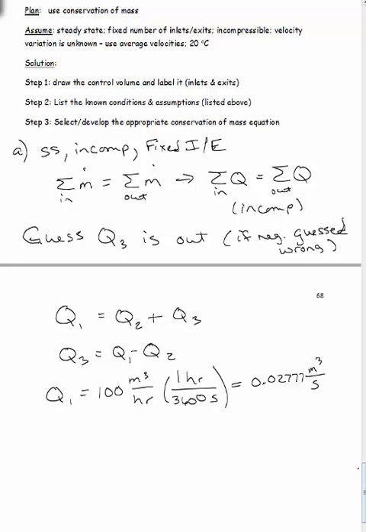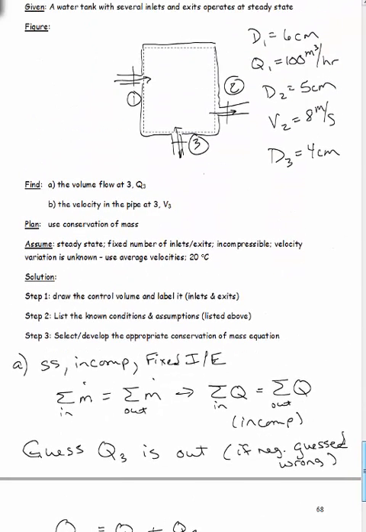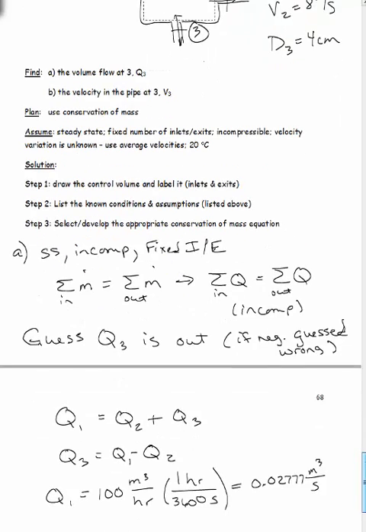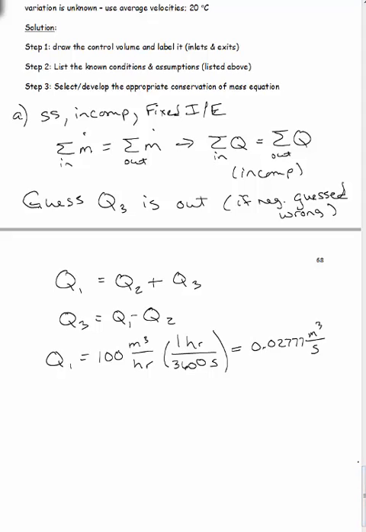We aren't given Q at 2, and we're going to need it, so we need to find it. We're given V at 2 and D at 2. D is diameter. From V2 equals 8 meters per second, since we're using average velocity and don't have an equation for velocity, Q2 is V2 times A2, which comes out to be 0.0157 meters cubed per second, where A2 is pi over 4 D squared.